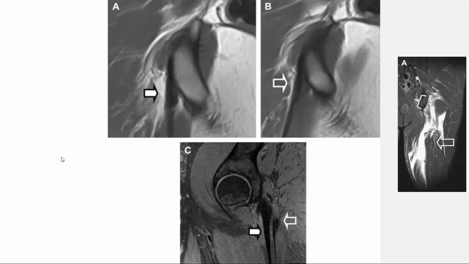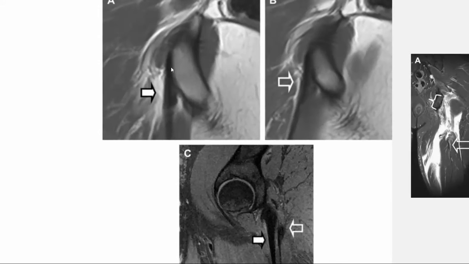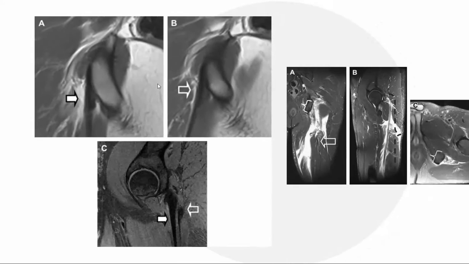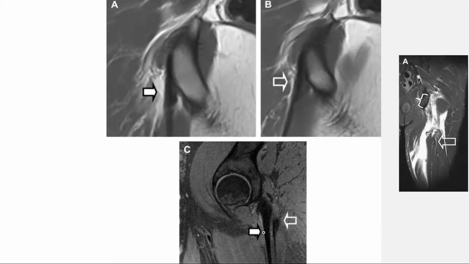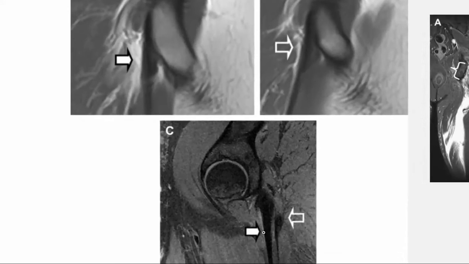Now here is the ischial tuberosity, and here is the hamstring tendon. And we can see actually this is slightly thickened. It's a tendinopathy. It's got a bit of edema around it, and we can see it here.